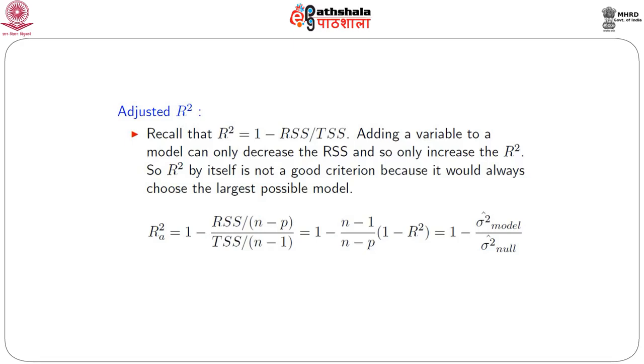Adjusted R squared is given by R squared subscript A equals 1 minus residual sum of squares divided by (n minus p) over total sum of squares divided by (n minus 1), which can be written in terms of R squared as 1 minus (n minus 1) divided by (n minus p) times (1 minus R squared), which equals 1 minus sigma hat squared of the model divided by sigma hat squared under the null.